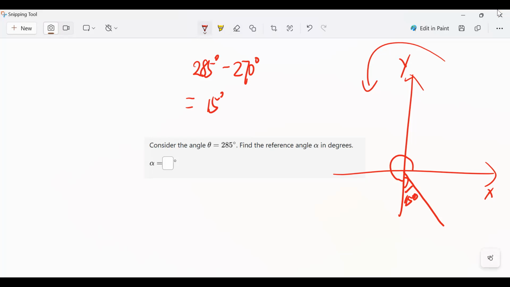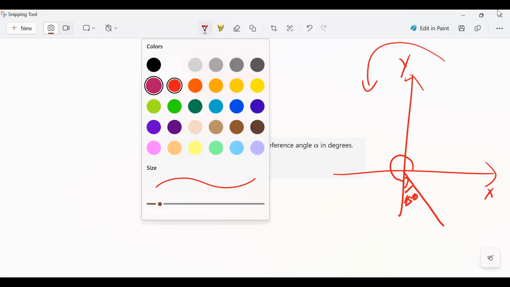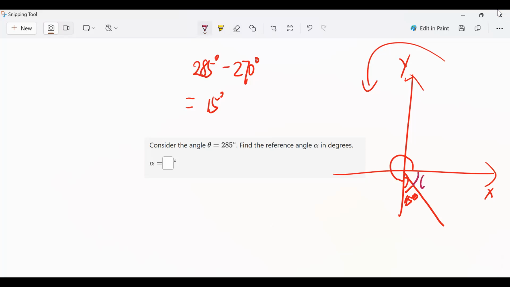But it's not the answer yet, right? The reference angle is always the angle, we call this angle theta, that the terminal side makes with the x-axis. So for this angle here, we're going to use a complementary angle concept.